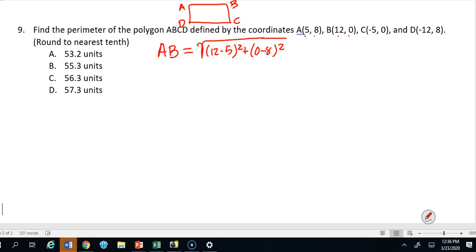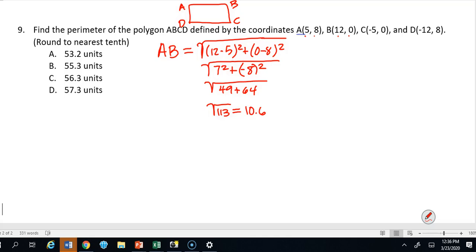So when I do this, I'm going to get 7 squared here plus negative 8 squared here. That's going to give me 49 plus 64. Remember, when I square any number, it becomes positive. So this is going to be the square root of 113, which is equal to about 10.6. And you can round at the end if you want.